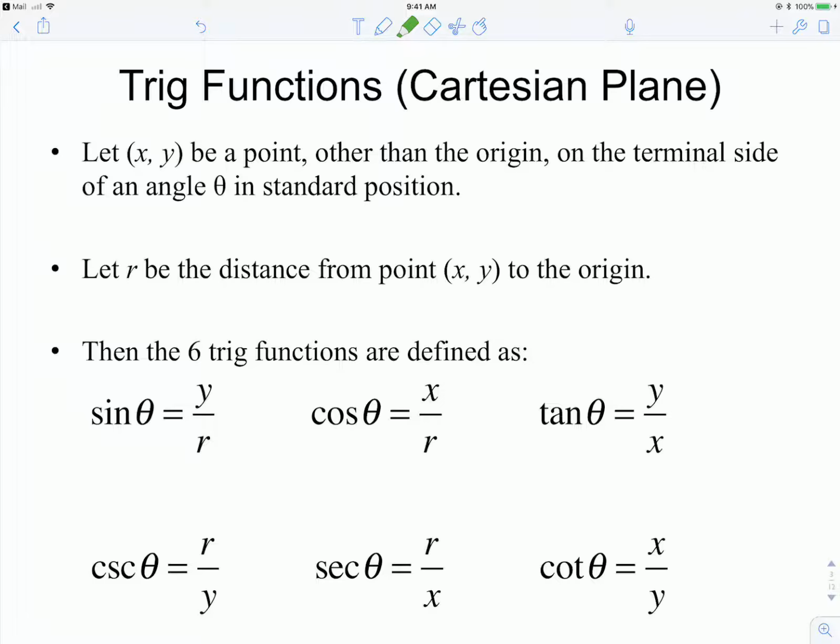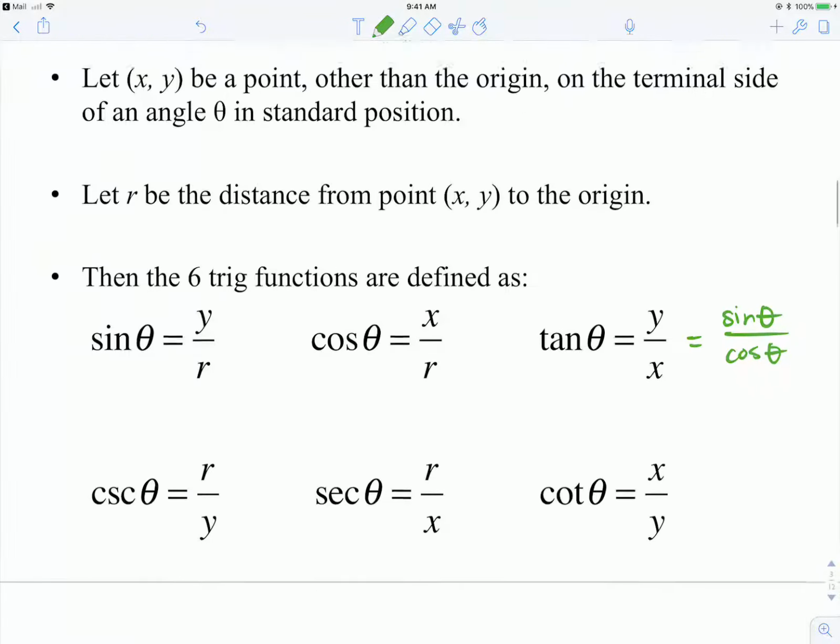Cosine of theta is x over r, and again, since r is equal to 1 in the unit circle, we can just look at x to determine cosine of theta. And then tangent is the ratio y over x, because tangent of theta is equal to sine of theta over cosine of theta, and we also talked about that the last time.